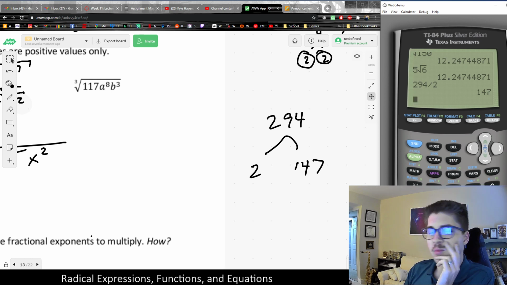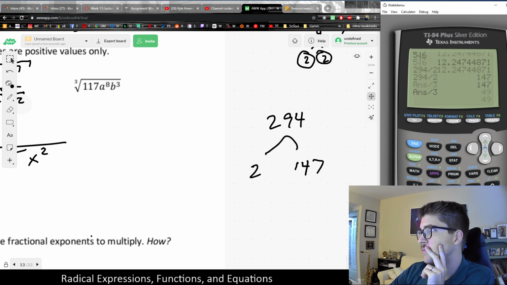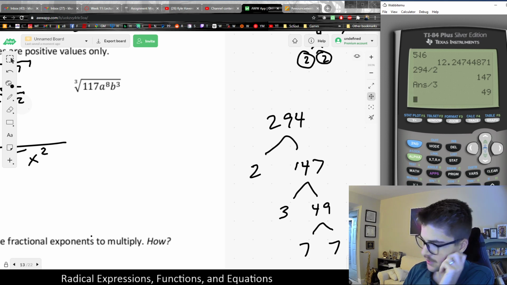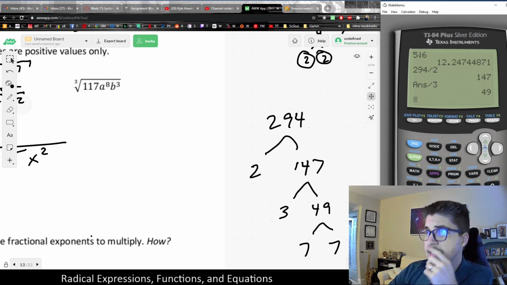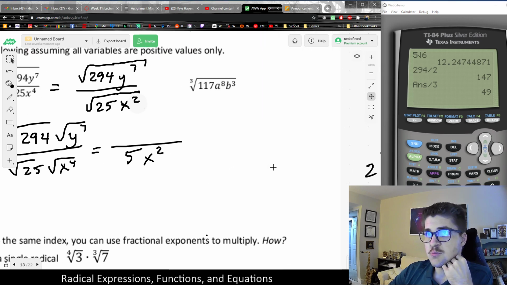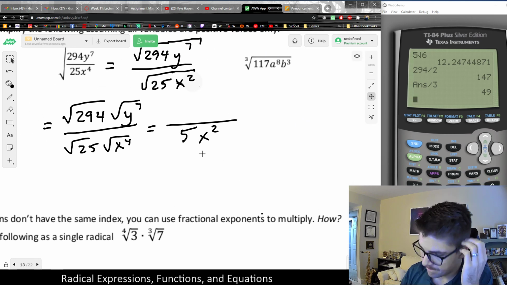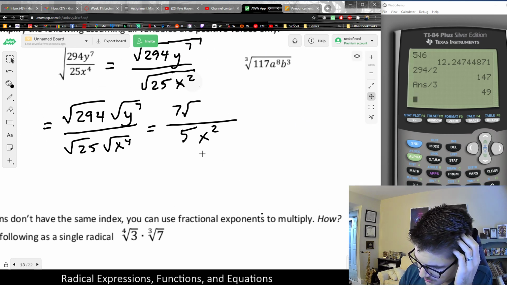Then I could wonder, is 147 divisible by anything? I believe it's divisible by 3. That would leave me with 49. And 49, that is my perfect square. That's 7 times 7. So in 294, this is a little more challenging one to factor, it would be 49 times 6. And so that would be 7 root 6.